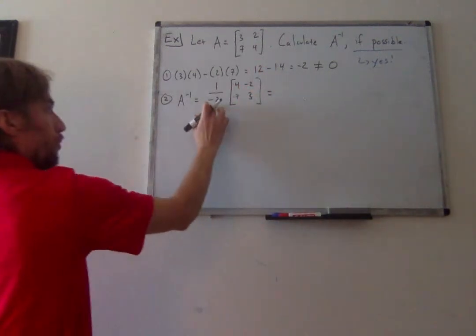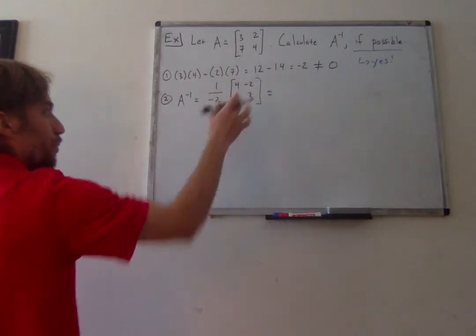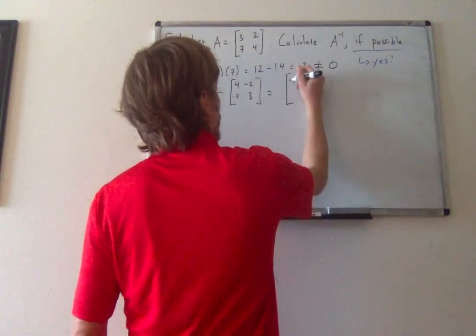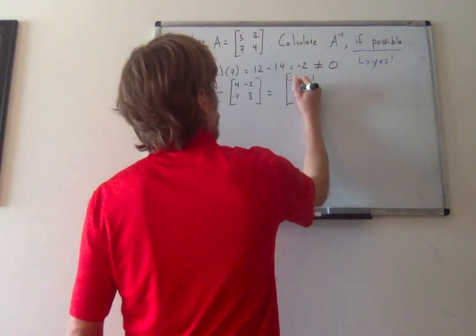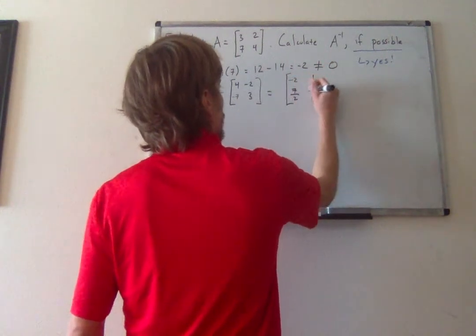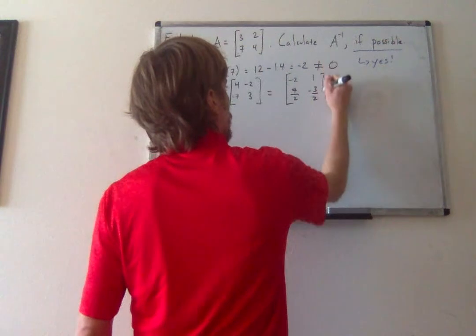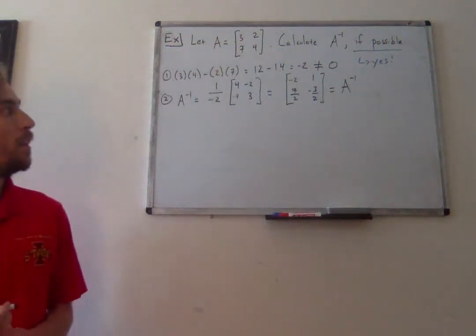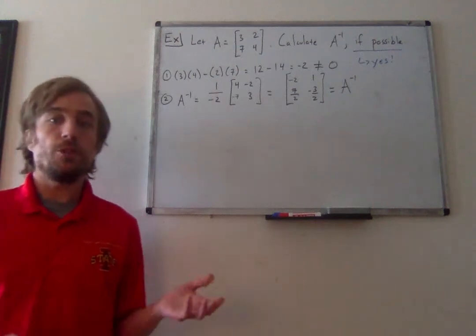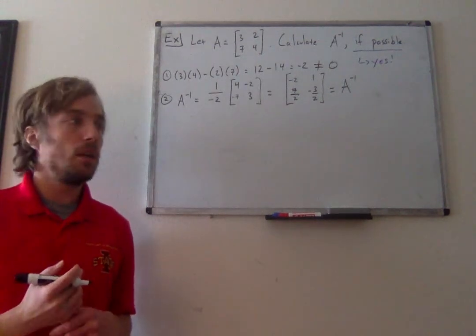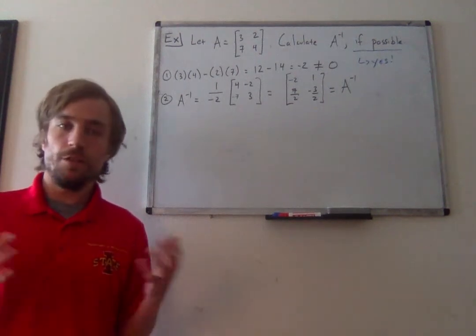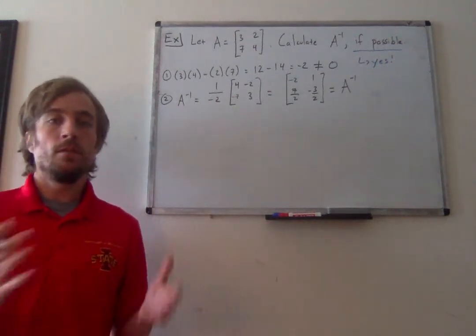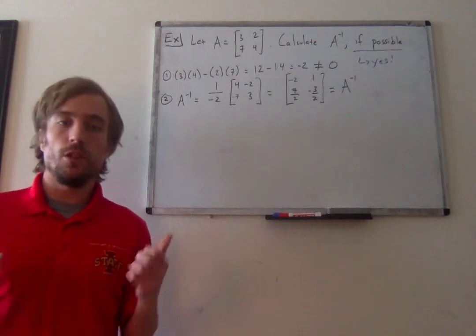And what I can now do is just factor this 1/2 through since it's a scalar. And so this gives me the matrix -2, 1, 7/2, -3/2. And this is actually equal to A inverse. And so it's actually, for 2 by 2 matrices, as easy as that. You pretty much just have to follow the formula, check steps 1 and 2, and you're good.